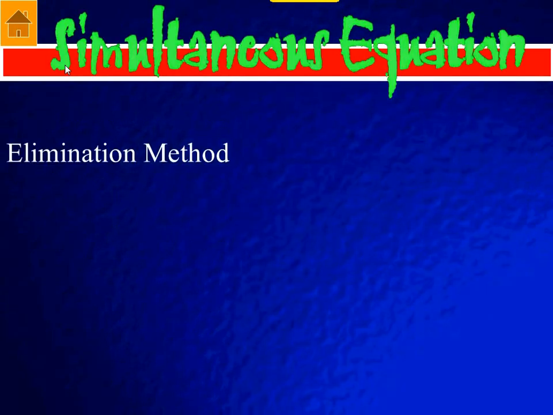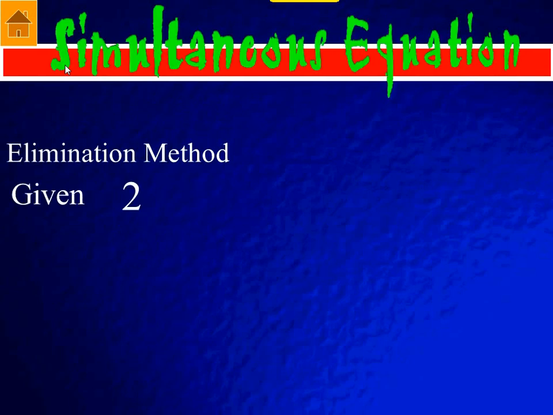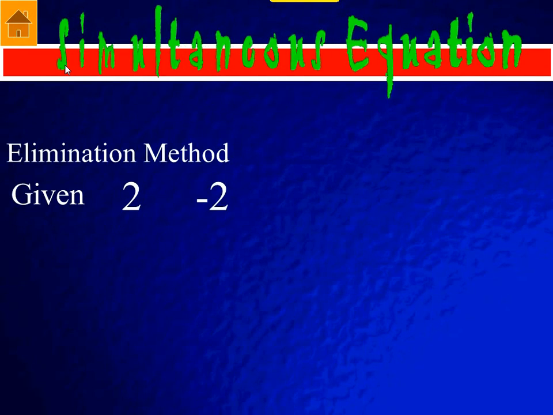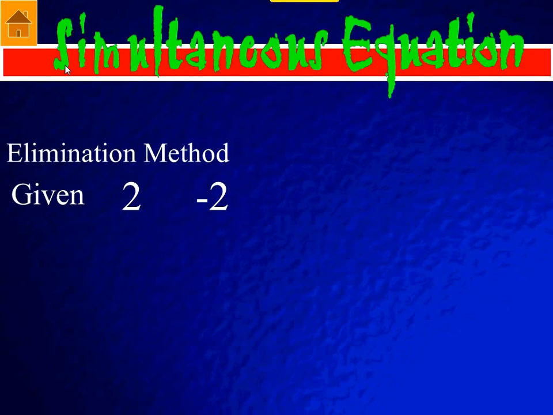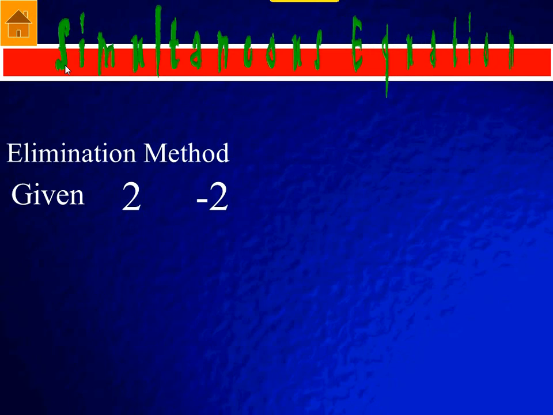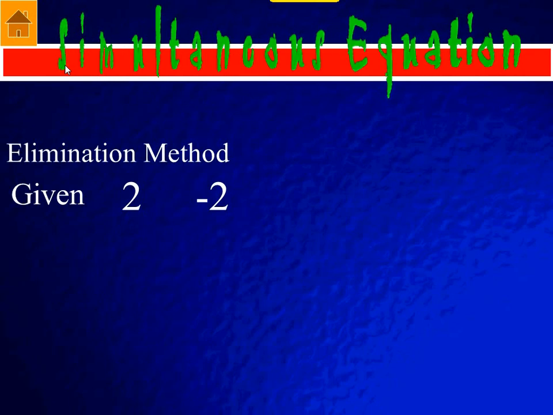So let's go on and now look at the elimination method again. In this case we are given 2, but we are now given a negative 2, and we have a situation where the signs are different. How do we eliminate these two numbers?